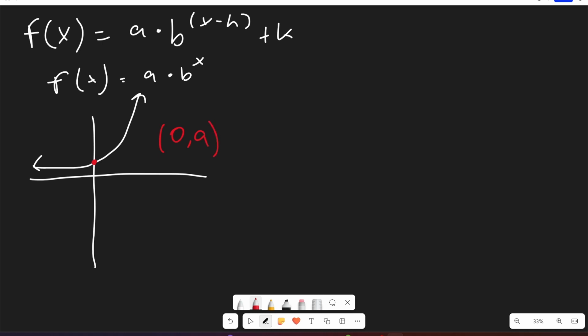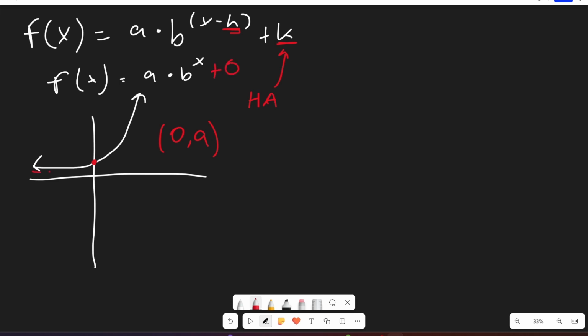In this function, the transformations are that h is going to be our horizontal shift, and k will be our vertical shift, which also happens to be our horizontal asymptote. So in the case of this function, we can basically write this as plus 0.